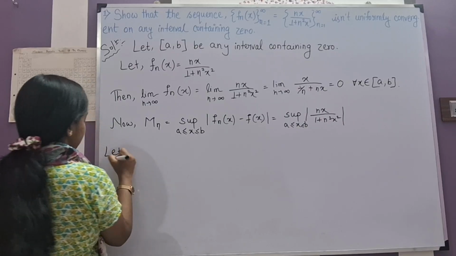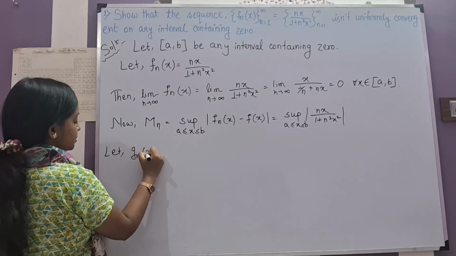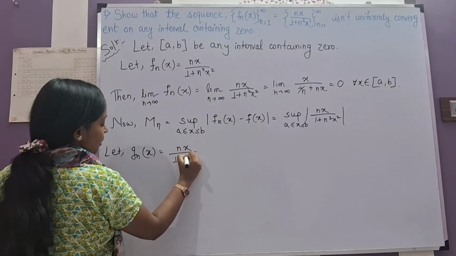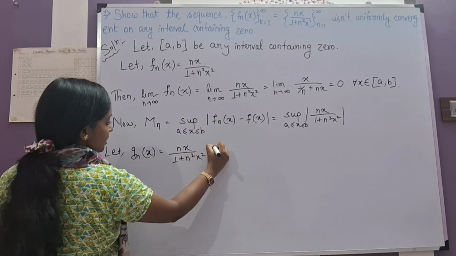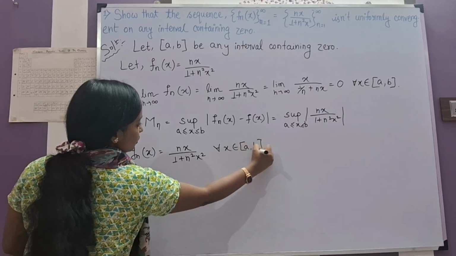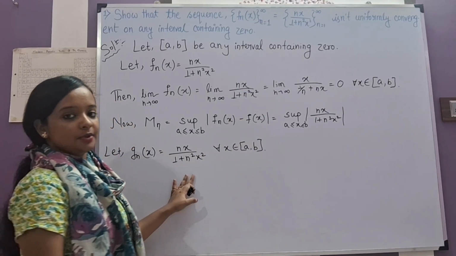Now we are going to choose gn(x) equal to nx by 1 plus n squared x squared for all x belonging to the closed interval [a, b].